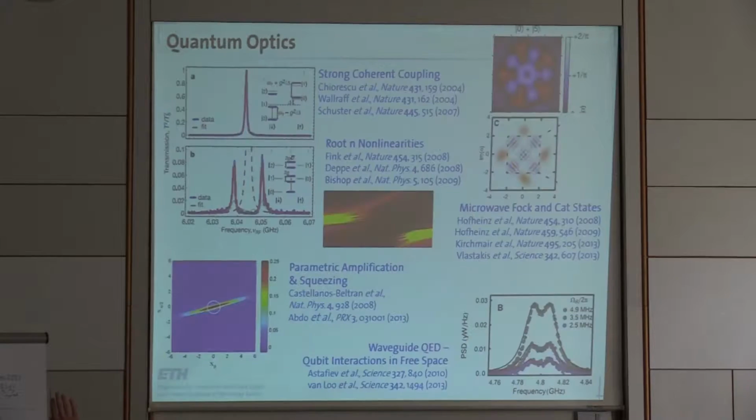Sorry, just out of interest, how large are these cat states that have been made? Oh, that's a good question. Jonathan Home, an ion trap person at ETH, also makes cat states, so there's a question who has the biggest cat currently, and also a question of how you measure the size of the cat. One measure is distance in phase space, which is not the same thing as the photon number.